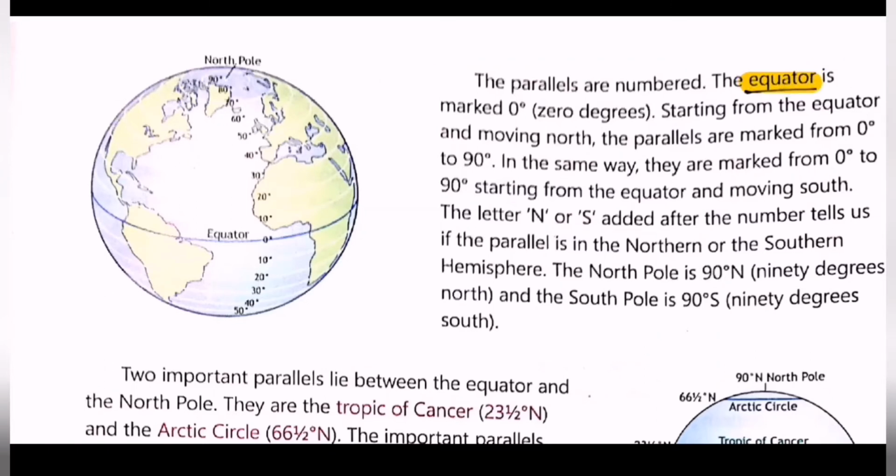The parallels are marked from 0 degree to 90 degree. In the same way, they are marked from 0 degree to 90 degree starting from the equator and moving south. From 0 degree to the north pole at 90 degree, and from 0 to 90 degree at the south pole. From both directions they are marked.